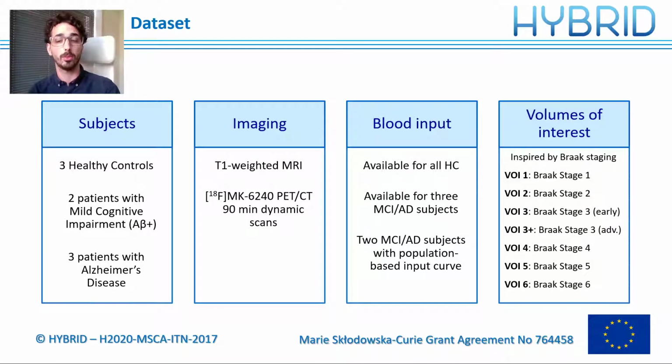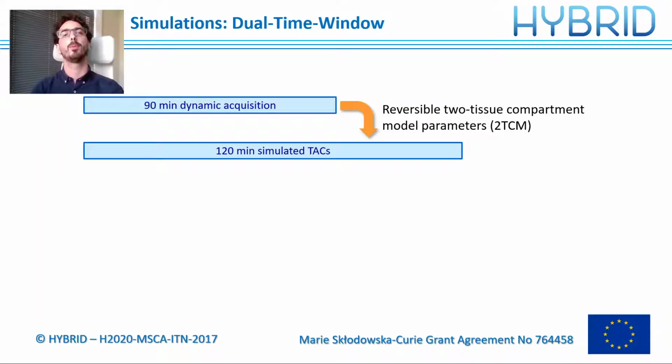Our volumes of interest were inspired by Braak staging, and we also separated Braak stage 3 into early and advanced stages. So from the 90-minute dynamic PET-CT acquisition, using the blood data and the reversible two-tissue compartment model, we simulated longer acquisitions of 120 minutes.